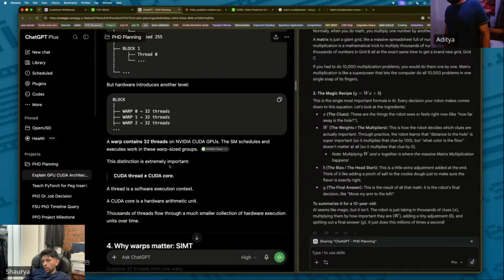This distinction is extremely important. A CUDA thread is not equal to a CUDA core. A thread is a software execution context.